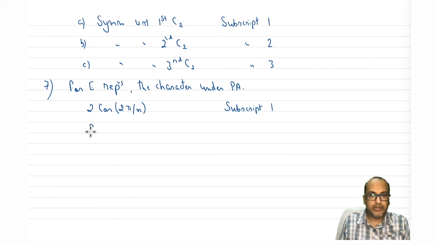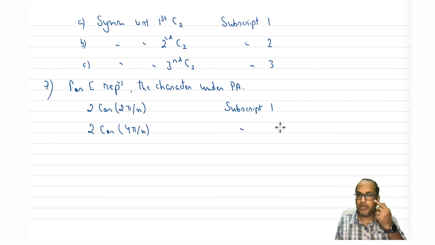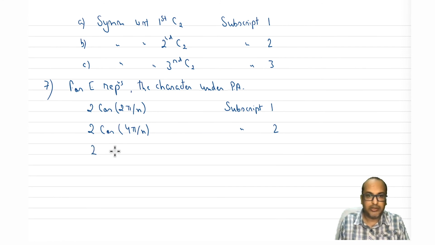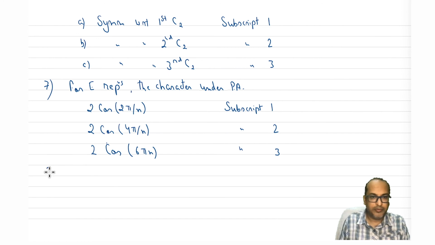If the character is 2 cos 4 pi by n, it takes subscript 2. And if the character is 2 cos 6 pi by n, it takes subscript 3, and so on.